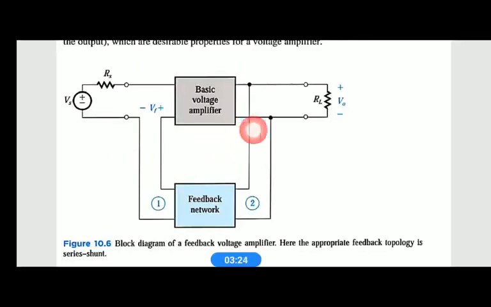Alright, so clearly you can see here, to get the sampled output voltage, we are connecting a feedback network in shunt with the load resistance RL, in shunt with the output voltage.